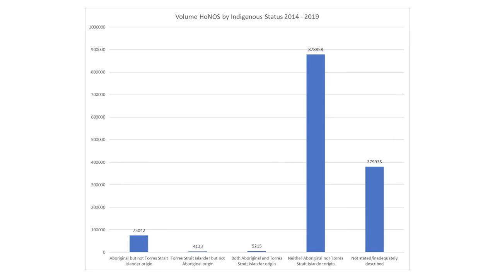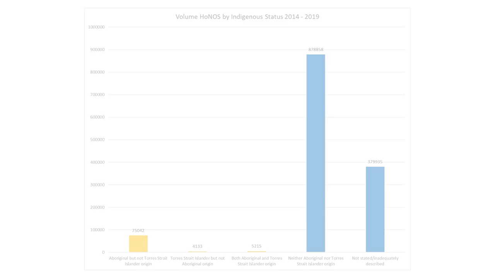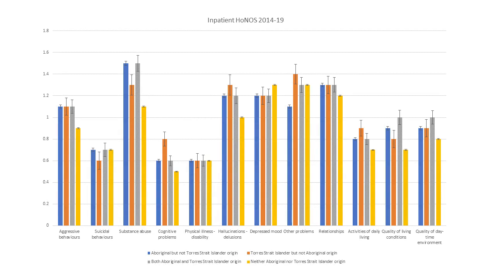Once that Reports Portal query has been exported to Excel, we can show, as we do here, that we have approximately 85,000 HONOS observations on Indigenous consumers. That query can also show us the average HONOS scores for individual items between Indigenous and non-Indigenous consumers in inpatient units. The yellow bar represents non-Indigenous consumers.